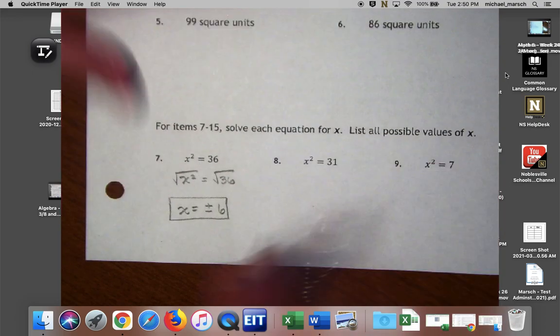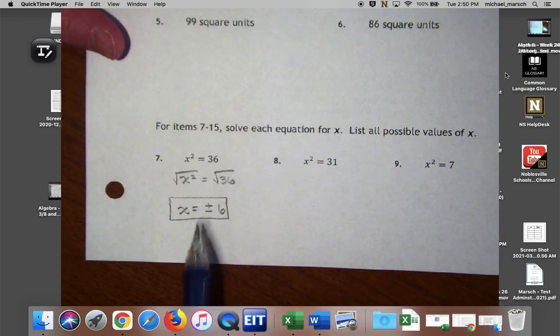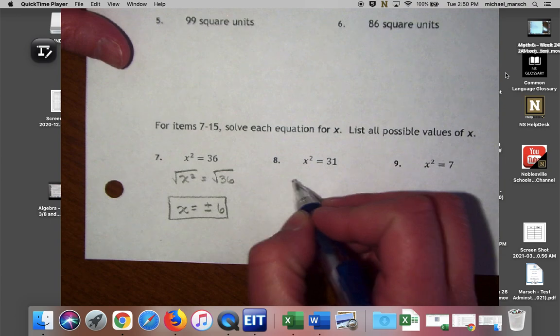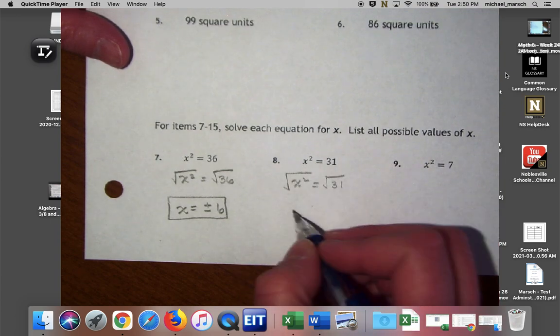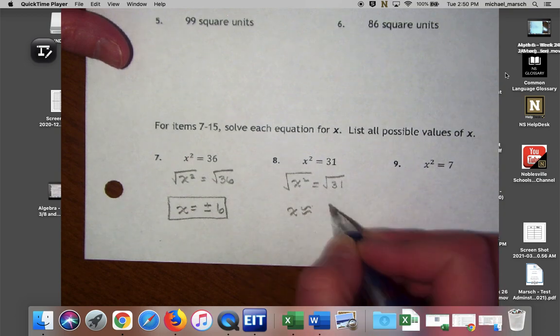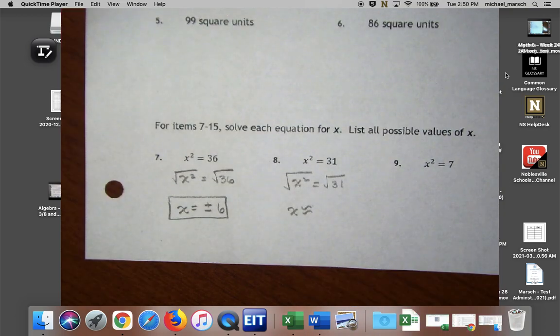So if you're just doing straight math, no scenario, you have to show me that you know it could be either of these values. So let's do square root of x squared equals square root of 31. X is going to be about what values? Danny? 5.5.